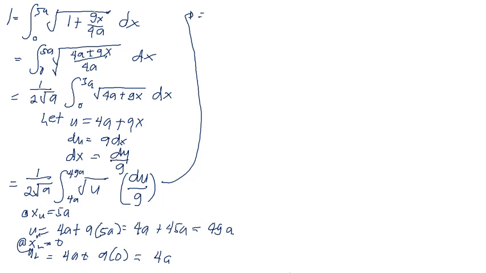We have 1 all over 2 square root of a, integration of, maybe we will integrate it using our power rule. So this is equal to u raised to 3 halves all over 3 halves, from 4a to 49a.